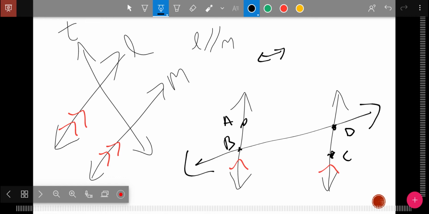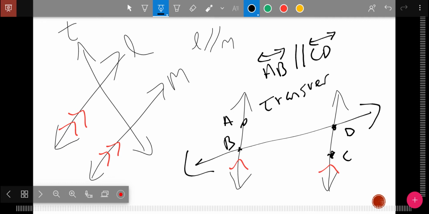And so line AB is parallel to line CD, but the transversal here would be line BD. Okay? So you got to be able to identify transversal. You also got to understand what lines are parallel, and that these little arrows indicate that they are parallel.